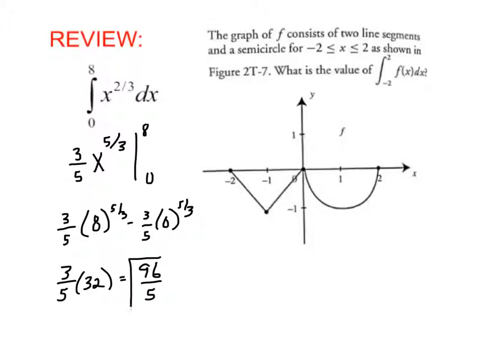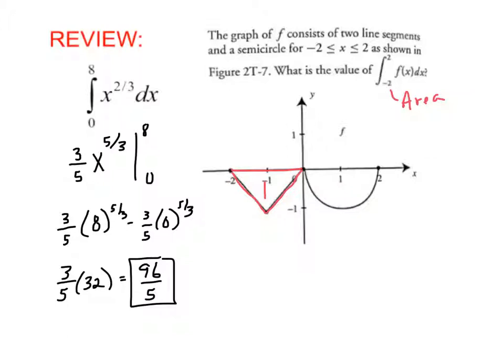which is 96/5. Okay. A graph of f consists of two line segments and a semicircle. What is the value? Well, we need to find the area, because of course an integral finds area. So finding the area, well, this is a triangle, base of 2, height of 1, so half base times height, the area is 1.